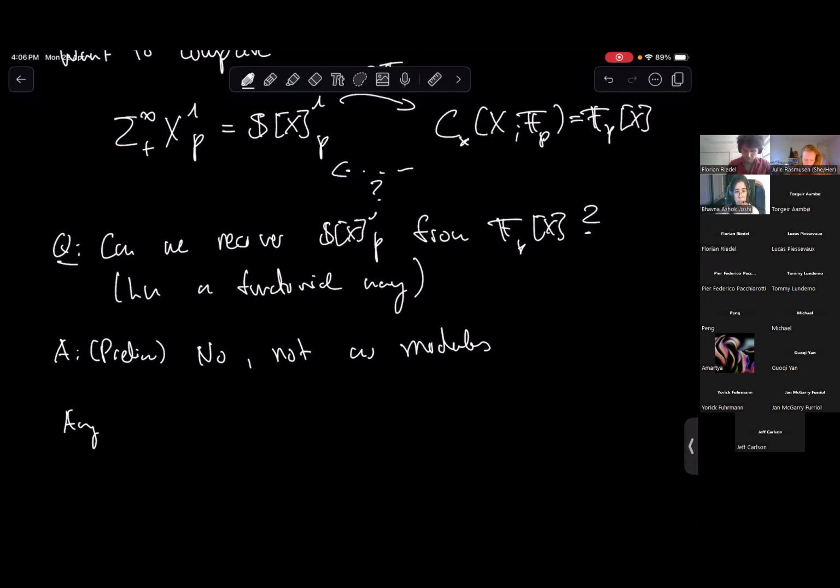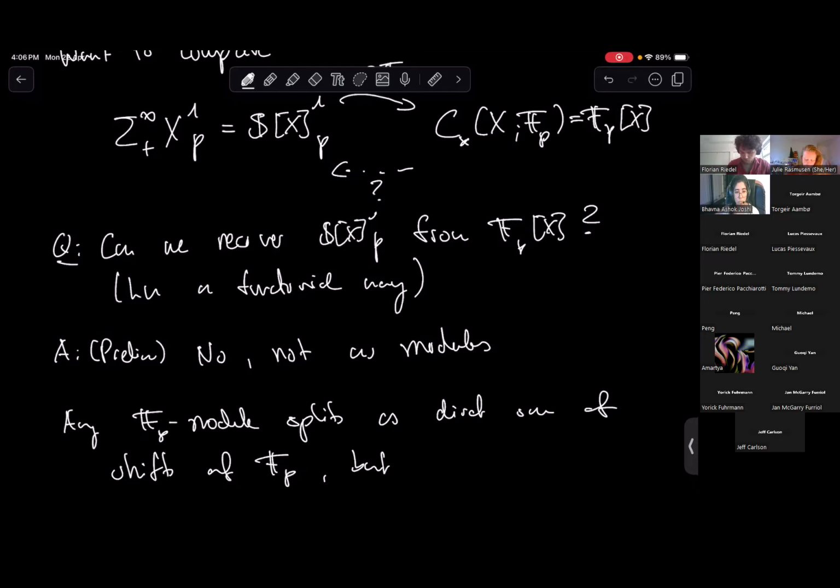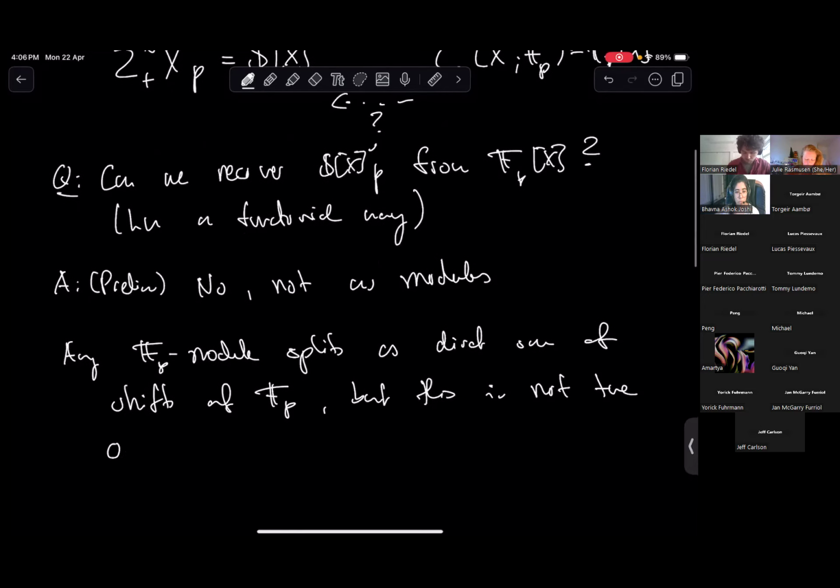Any F_p module splits as a direct sum of shifts of F_p. But this is not true over the p-complete sphere. You see this over Z_p: not every Z_p module is free, but over F_p this is just true.